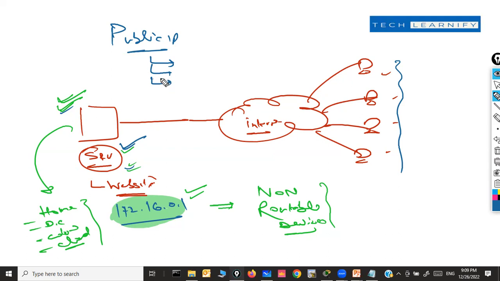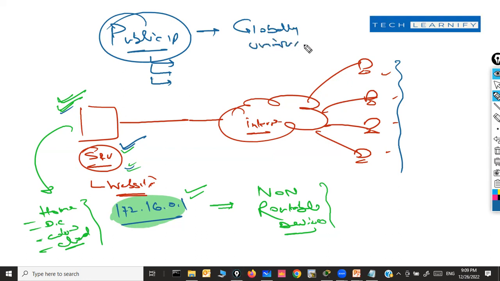And as I mentioned in the previous class also, public IP means globally unique address. So now you understand the requirement. The requirement here is assigning a public IP address. But how can I get a public IP address, from where should I get this IP?